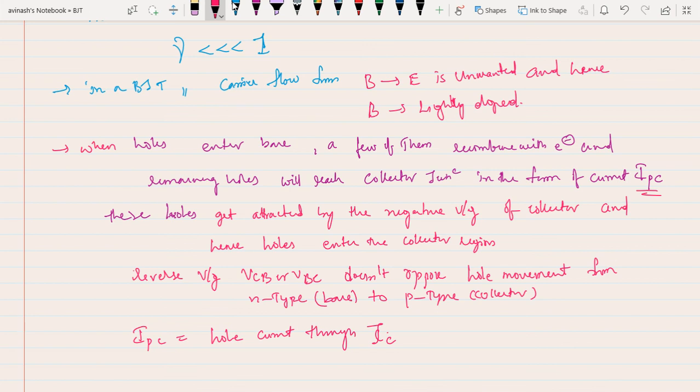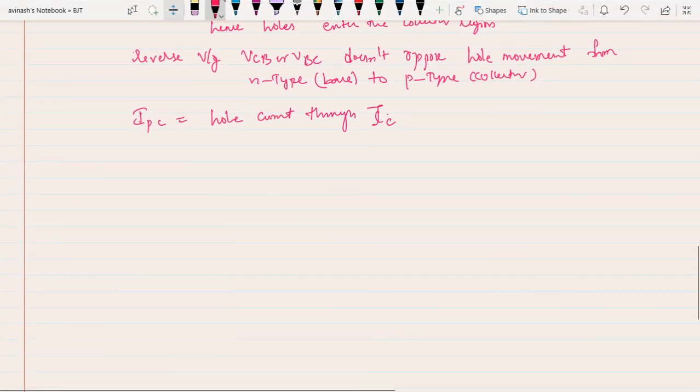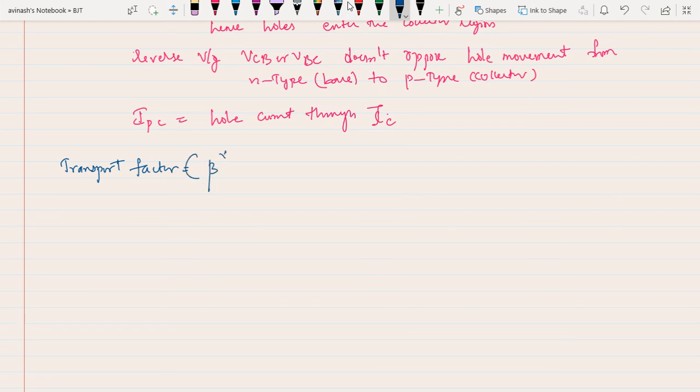Next point is the transport factor. The transport factor is always denoted by beta star or alpha T. What do you mean by gamma? Gamma is the emitter injection efficiency, and beta star or alpha T is the transport factor.